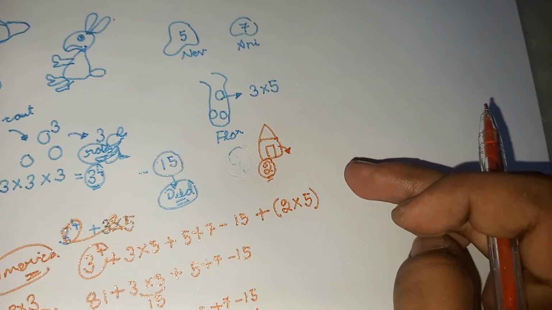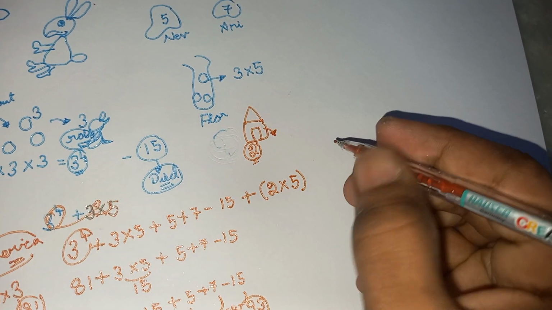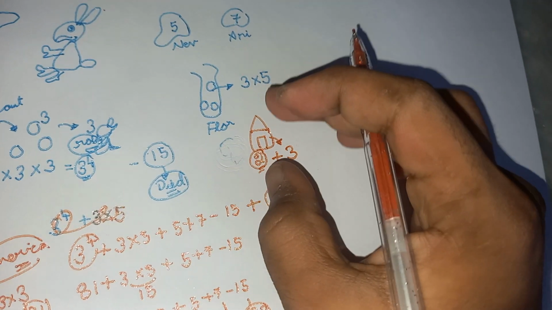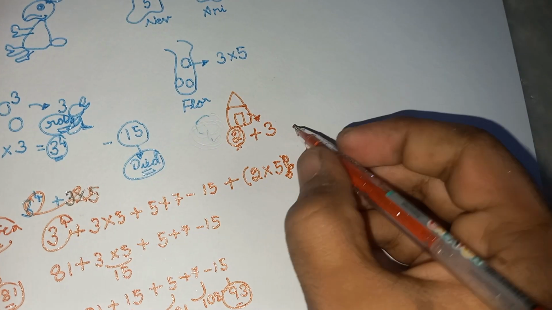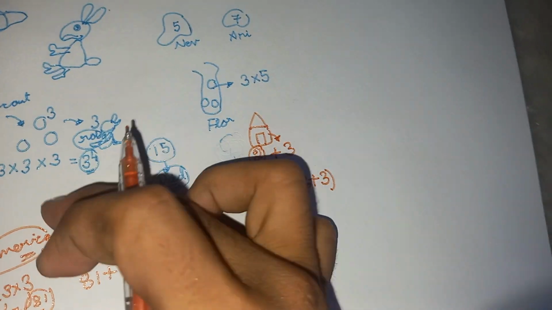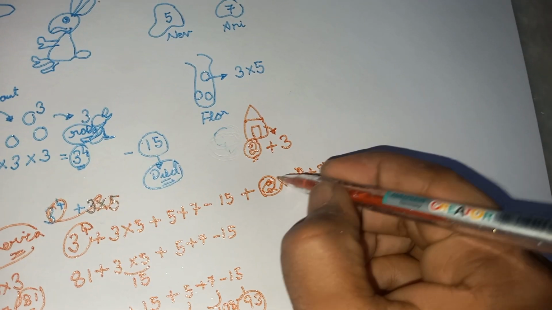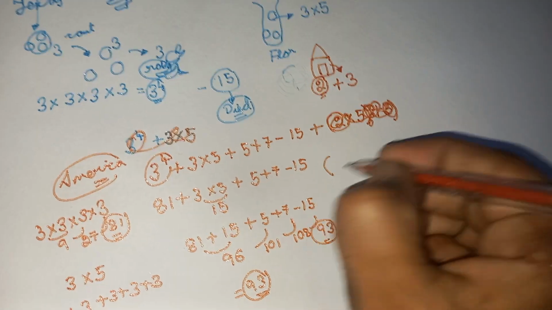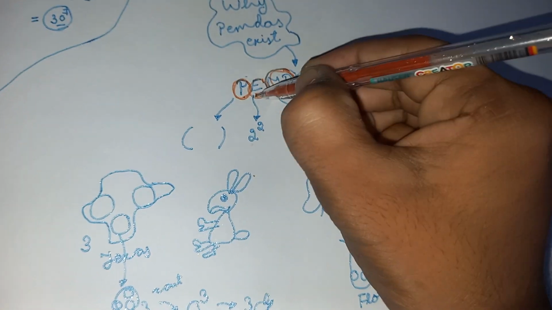You don't need to mix it with any of these other things. Therefore you write 2 times 5, and 3 homes which each have 1 rabbit, so you write 2 times 5 plus 3. You don't need to mix it with all of these things because it is a special case. The special or completely needed thing, we write in parentheses. That parenthesis we treat as most important of all.